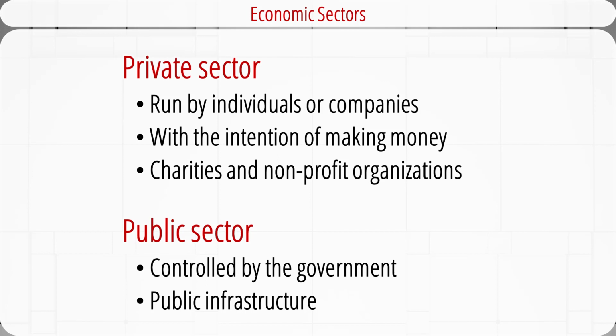The economy of the public sector is controlled by the federal, state, and local governments. Most public infrastructure belongs to the public sector. Examples include roads, bridges, tunnels, water supplies, sewers, electrical grids, public transit, public education, and public healthcare programs.